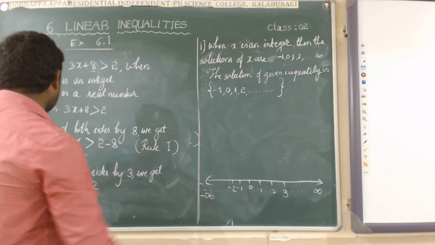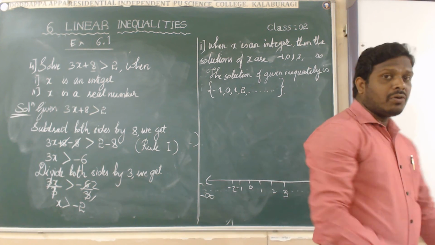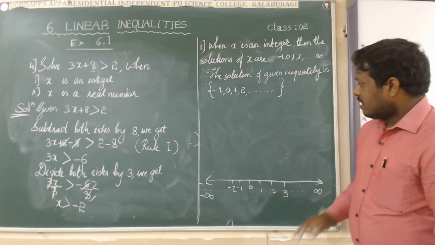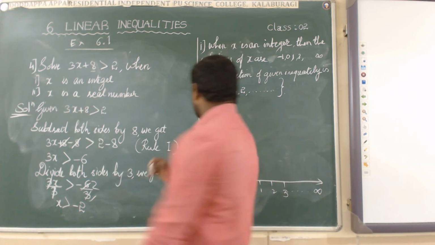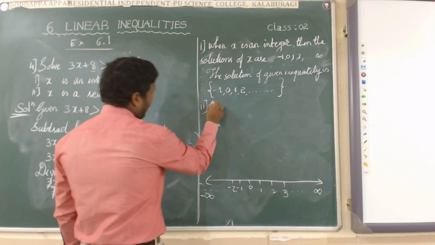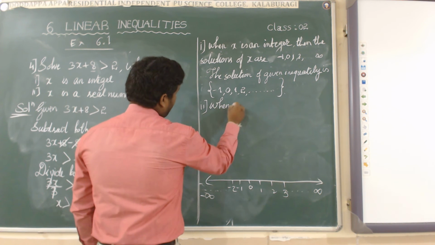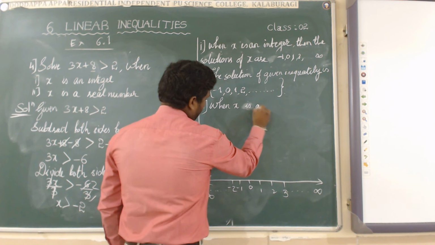Similarly, we have to solve for x a real number. We have to write this solution using intervals only. Now come to the second question, where x is a real number.